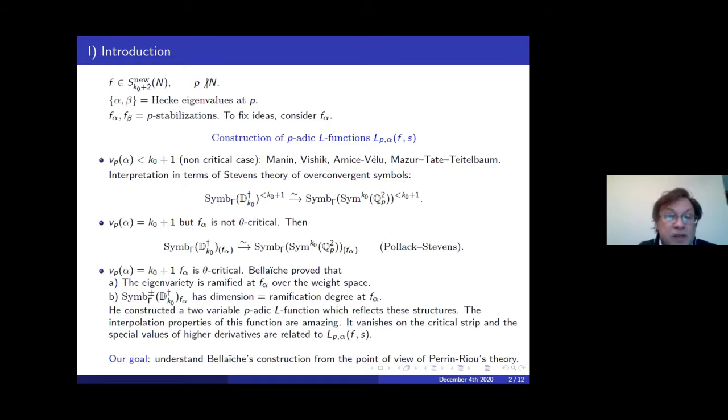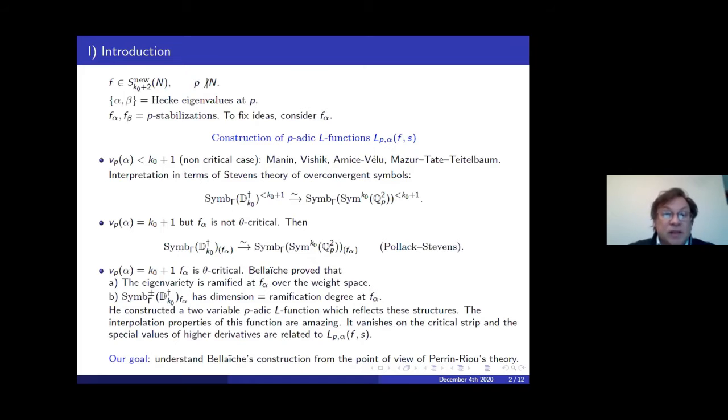The case which we are interested in is the theta-critical case, where the p-adic valuation of alpha is k0 plus 1, and the stabilization of f is theta-critical.